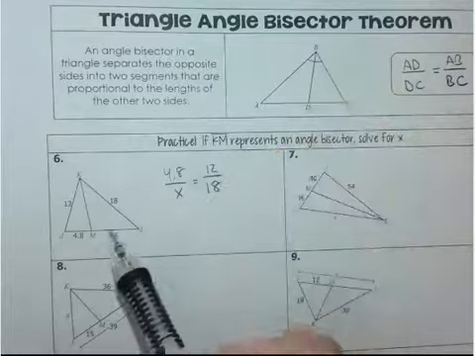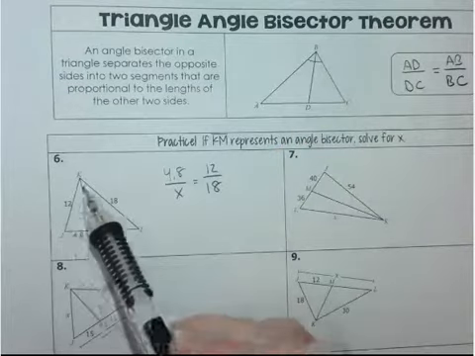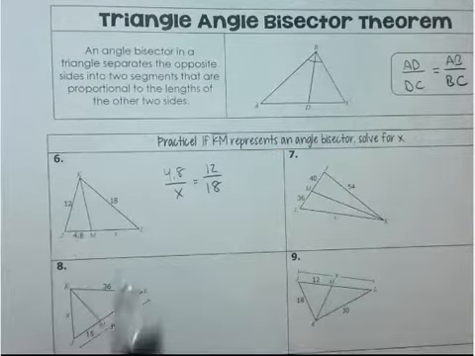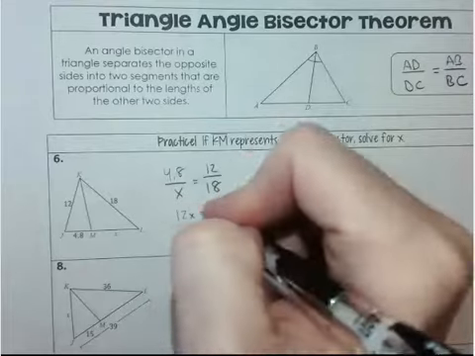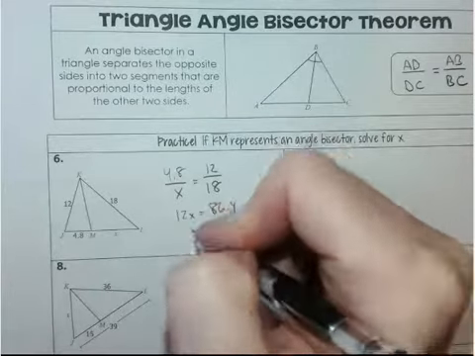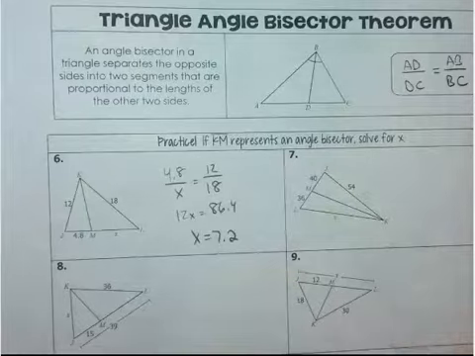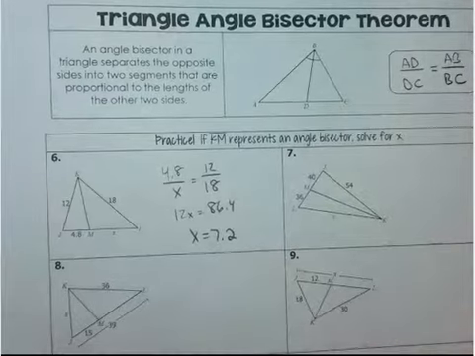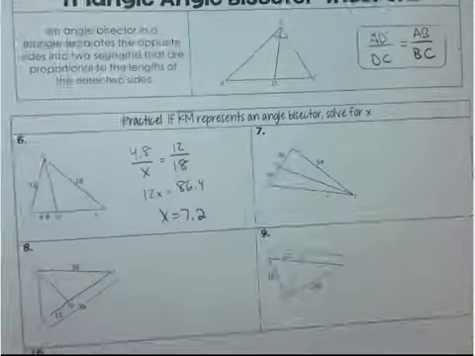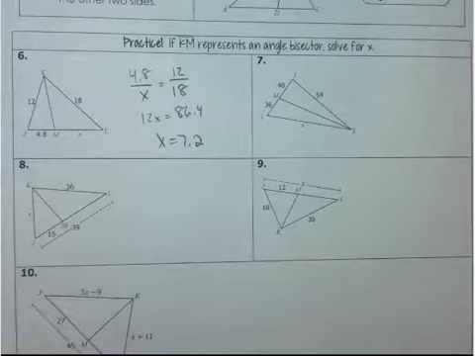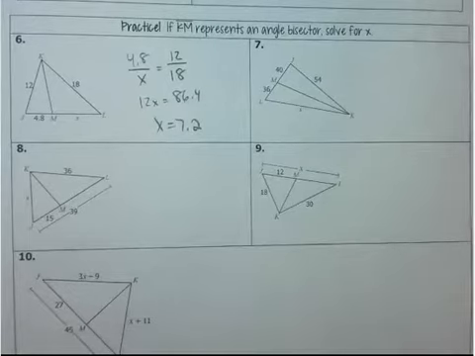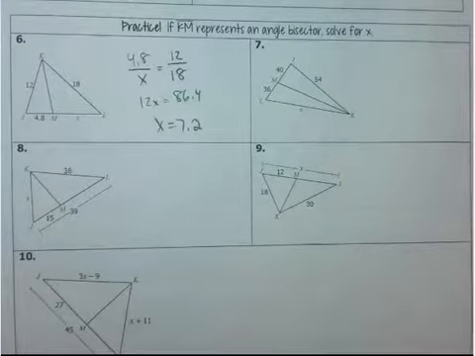And again, just make sure the 4.8 goes with this half right here, so you want the 12 in the numerator just like the 4.8. You get 12x is equal to 86.4, x is equal to 7.2. Okay, why don't you go ahead and finish 7, 8, 9, and 10. Pause the video, and then we can look through the answers after you're done.